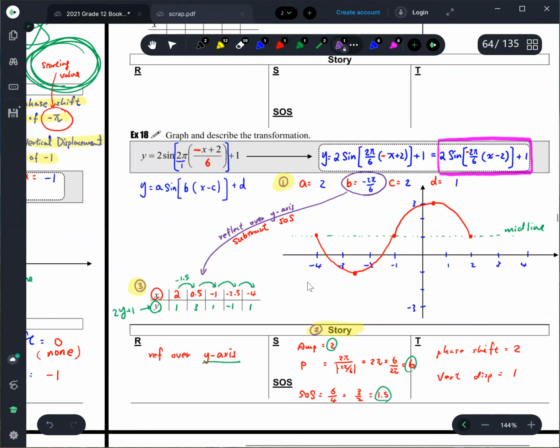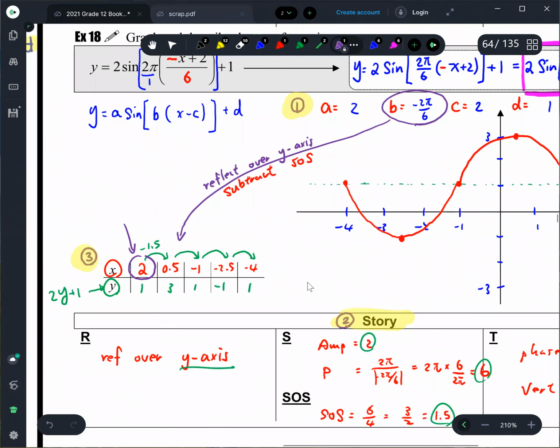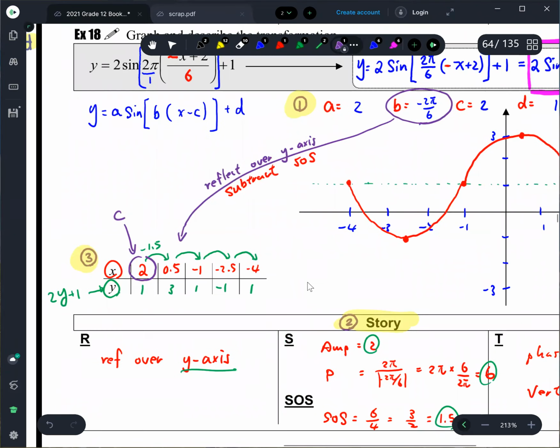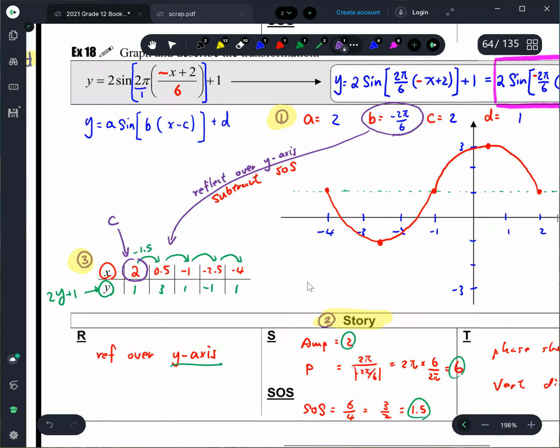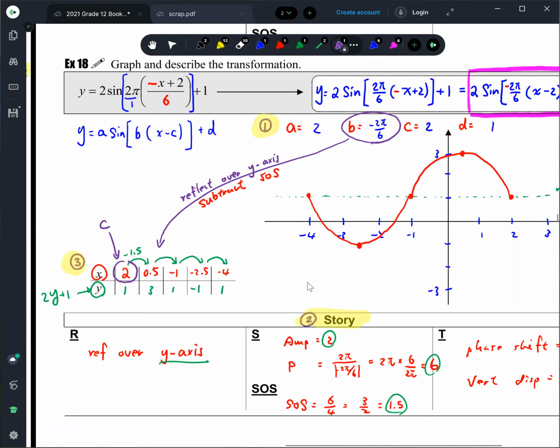Now if you look at 18 again, the value for C is 2, right? I'll circle that. So this is your C. The first number for the x is the C. So you look at the graph again. At 2, 1 is this one. This is your starting point. And because this one has a negative for the B, it's moving the points towards the left.